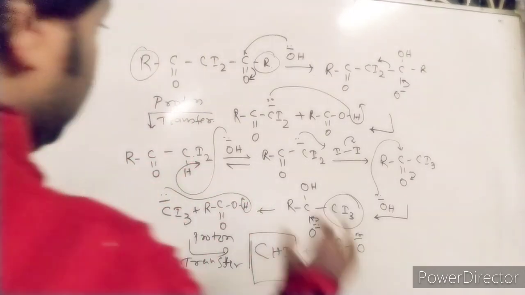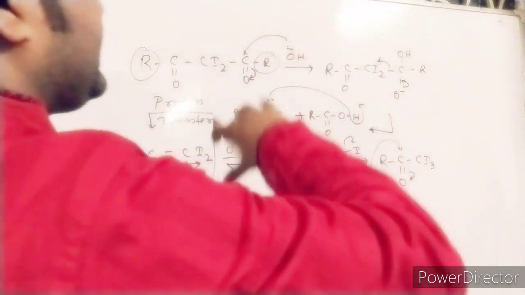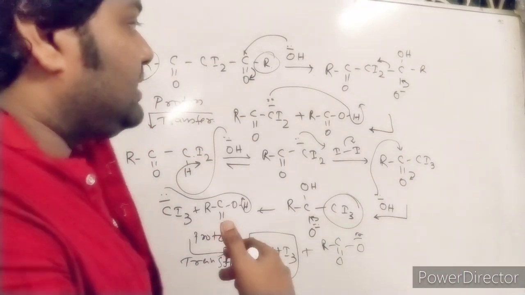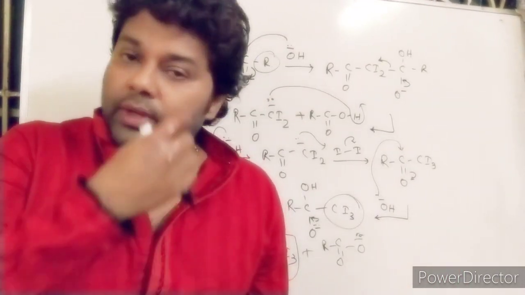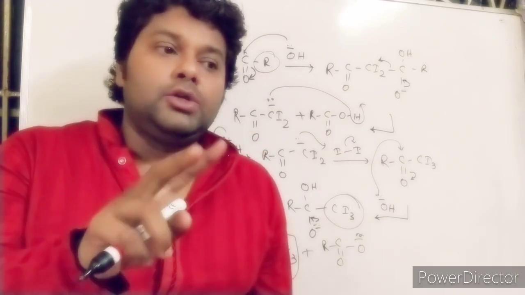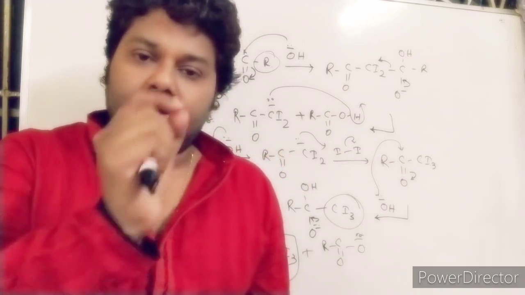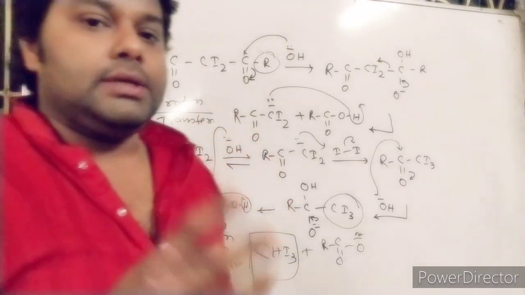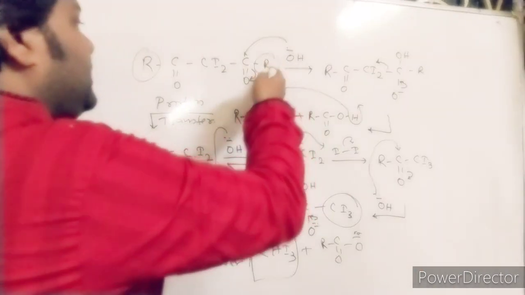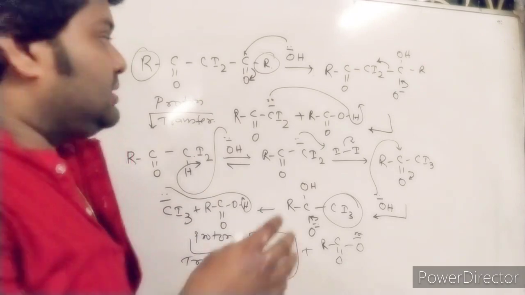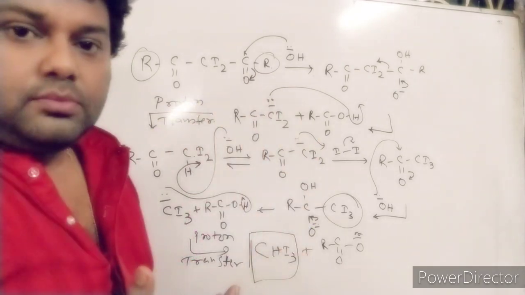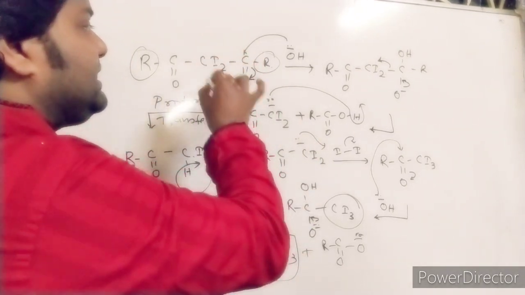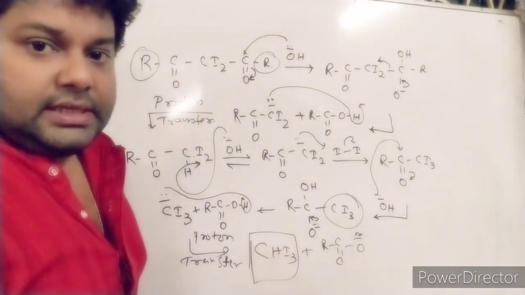Now, this was a concept where we cannot see a keto-methyl group. Please understand, this video is important for that reason. I have shown the two bifurcations of haloform reaction. The first one, where we cannot see a keto-methyl group directly. We don't mind if it is CH3 here. That is not a factor, because the CHI3 this time is coming from something else.